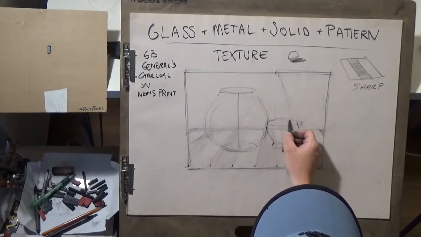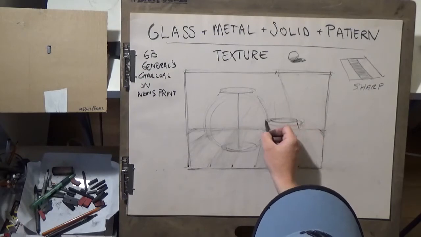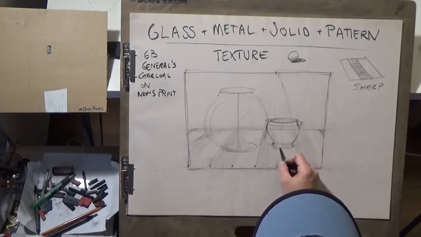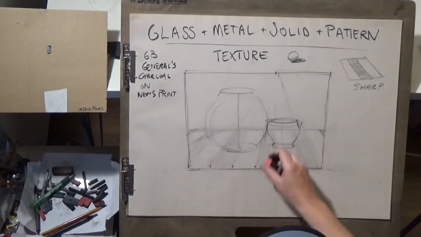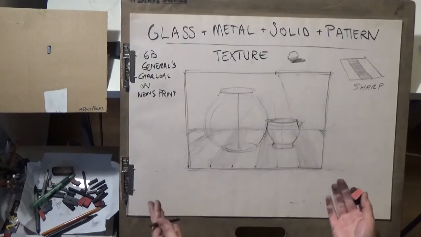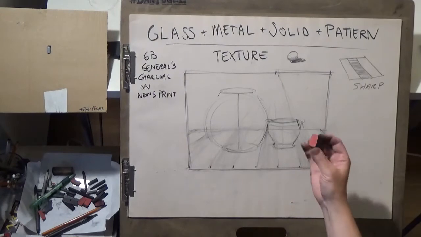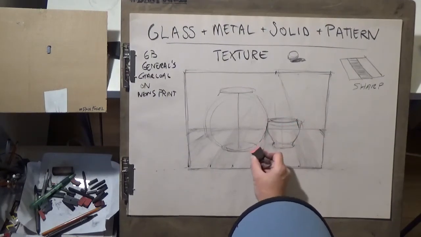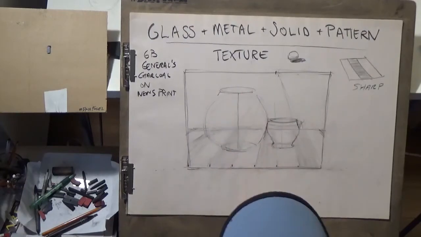And you might be really pleasantly amazed at how quickly and readily you can start to depict some pretty lifelike textures in charcoal. So this is just a pink eraser that I've sharpened up with a razor blade that I've shown you in previous videos.